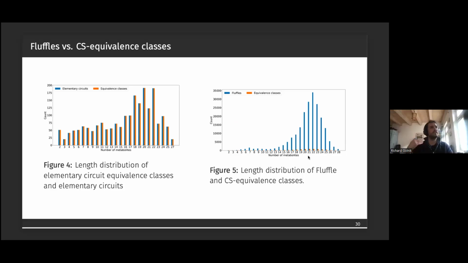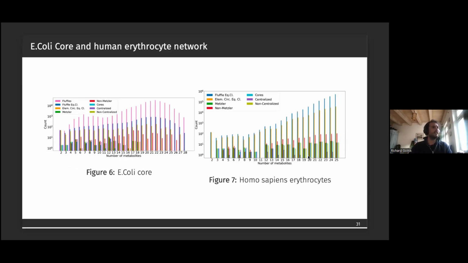And this notion of child selection equivalence class made it possible in the end to enumerate also autocatalytic subsystems of larger sizes, so beyond elementary circuits. And then we applied this to different kinds of networks.